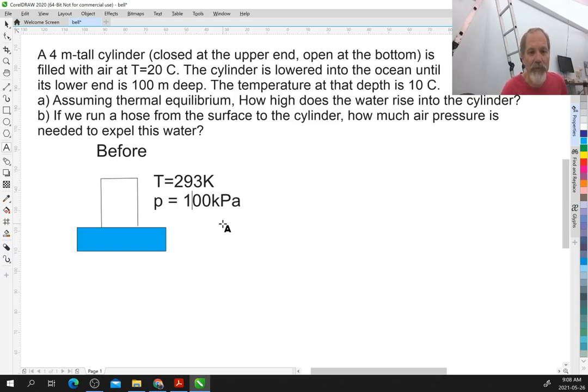Atmosphere, it should be atmospheric right at the surface of the water. And what other? Volume equals 4 times the area of the cylinder. I don't know what that is. Okay, that's my before situation.